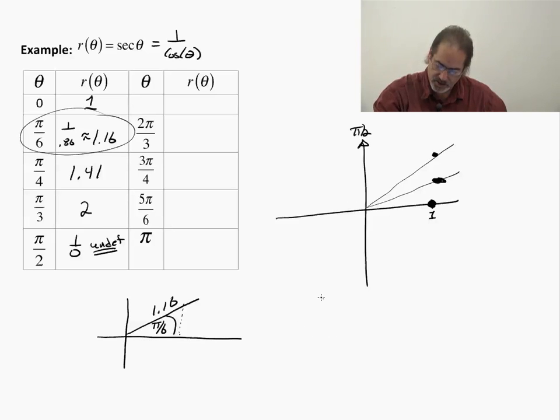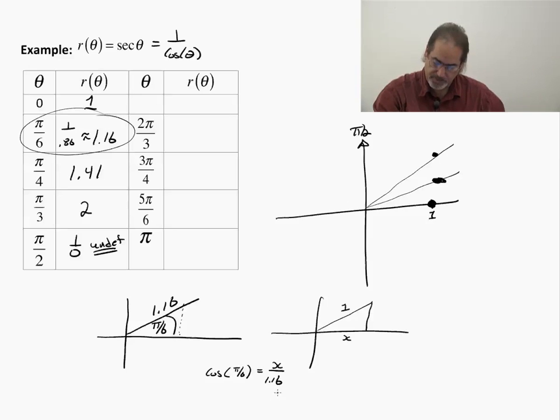On the unit circle, if I have a triangle where this is 1, then cosine of theta equals x over the radius 1, so we relate cosine with x. So that means that cosine of pi over 6 equals x over 1.16. Now that would mean that x is equal to 1.16 times cosine of pi over 6.